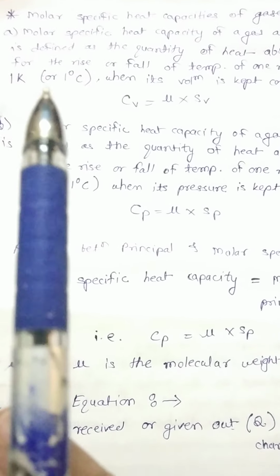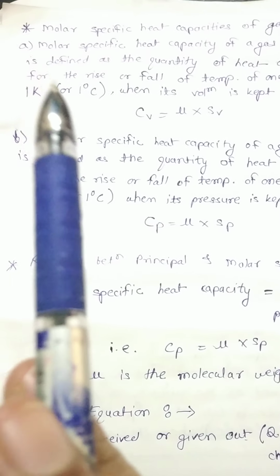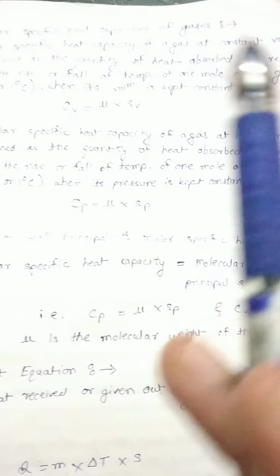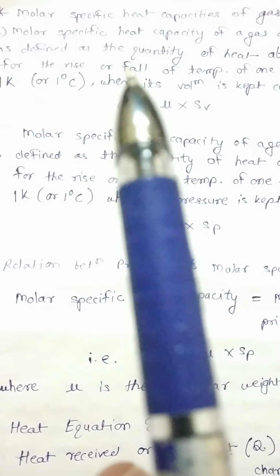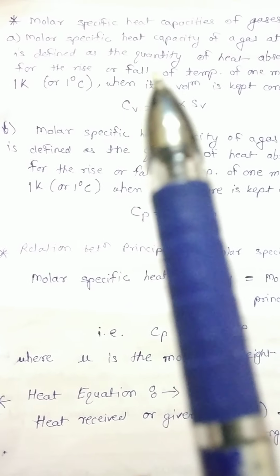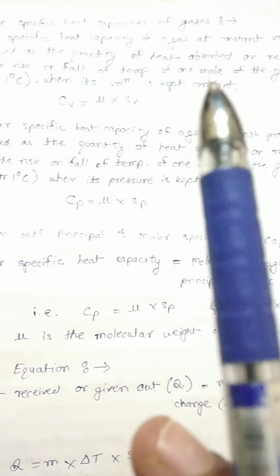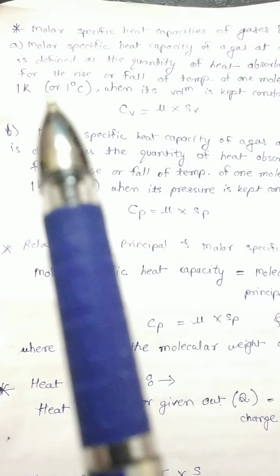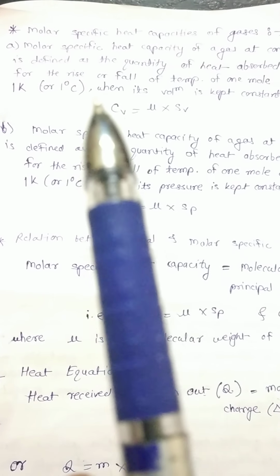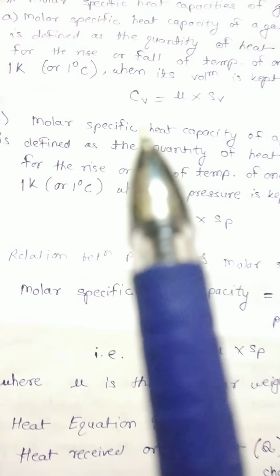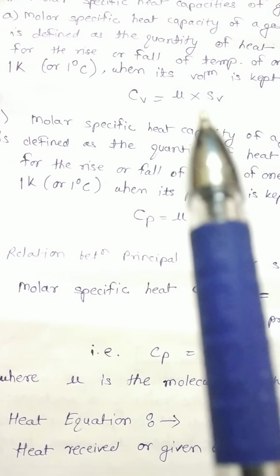So first let us see the definition. Molar specific heat capacity of a gas at constant volume is defined as the quantity of heat absorbed or released for the rise or fall of temperature of 1 mole of the gas through 1 Kelvin or 1 degree Celsius when its volume is kept constant. So we get the formula Cv = μ × Sv.